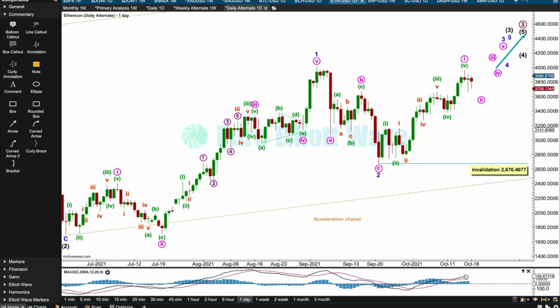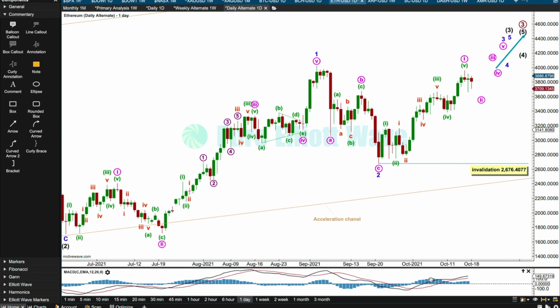Their fifth waves are usually stronger than their third waves. That's especially so for fifth waves to end third wave impulses one degree higher. So here MACD shows me that this fifth wave has stronger momentum than this third wave. But within the third wave, the histogram is the strongest. So this fits perfectly with MACD, this labeling.